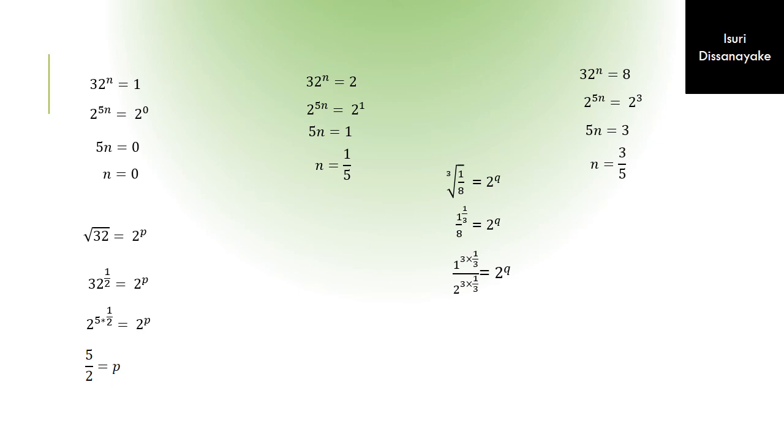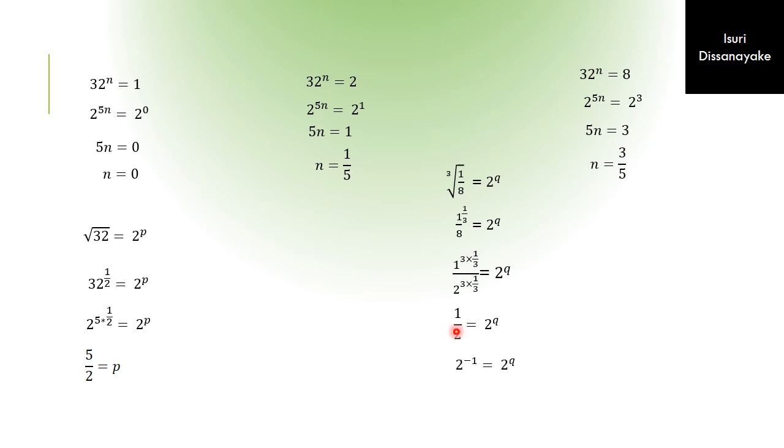I can write 2 to the power 3, that is 8. Instead of 8, I will write it as 2 to the power 3 and I can simplify it with this 1/3. So I will cancel 1/3 with 1 to the power 3 and 2 to the power 3 I can cancel with 1/3. So that half is equal to 2 to the power q.